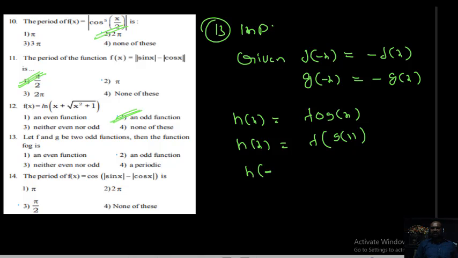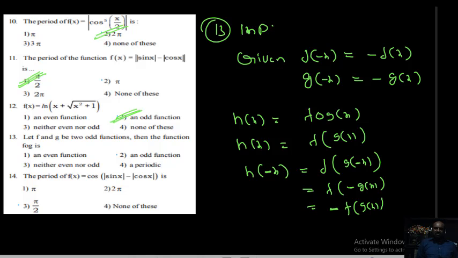h of minus x I want to find. f of g of minus x. f of g of minus x means f of minus g of x, I can write. So f of minus theta means minus f of theta, because f is an odd function. Minus f of g of x, I can write. So what is the meaning of minus f circle g of x?